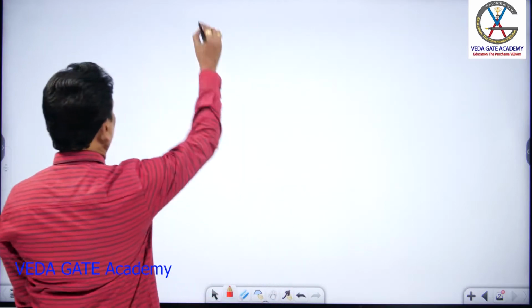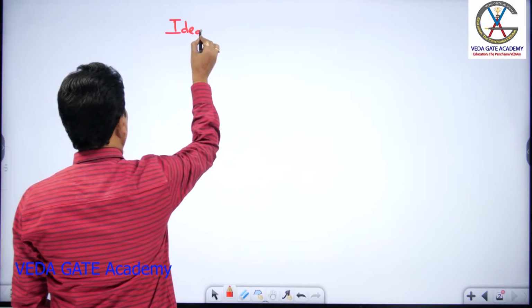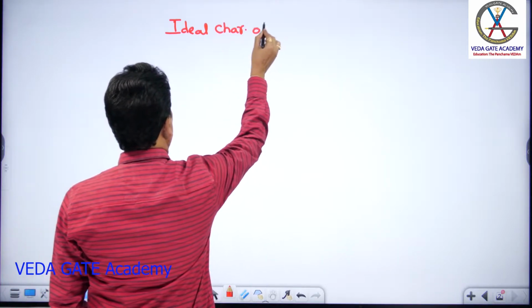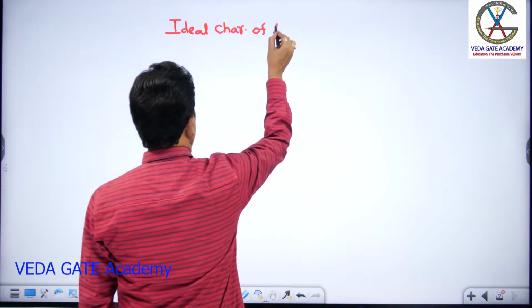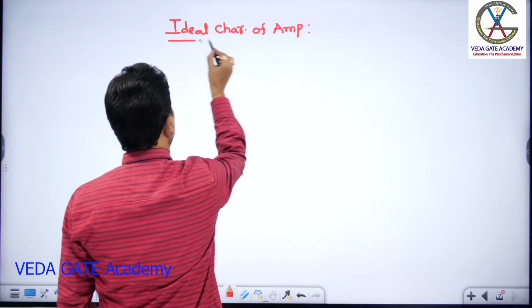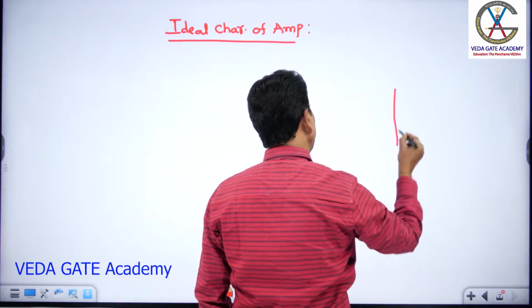So now, what are the ideal characteristics of an op-amp? Now I can check out the ideal characteristics of op-amp. Okay, so this is the op-amp symbolic representation.